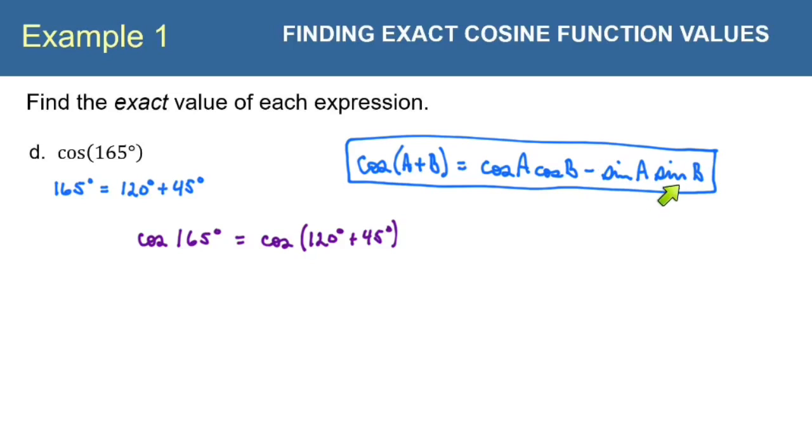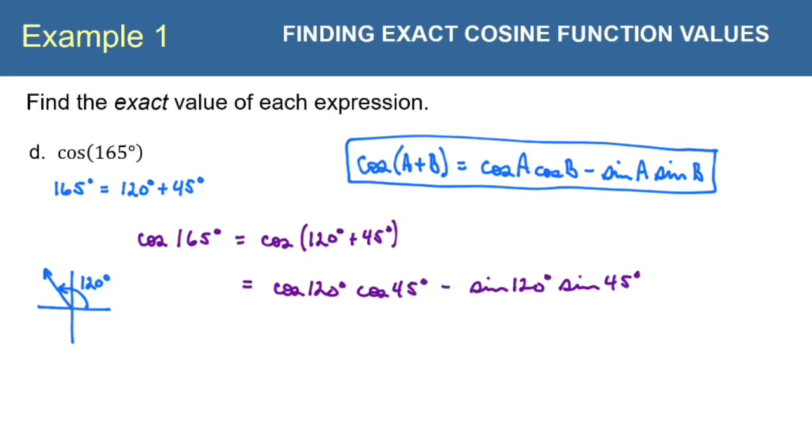And now we're going to substitute into this formula, putting 120 degrees in the A position and 45 degrees in the B position. So we're going to have cosine of 120 degrees times the cosine of 45 degrees minus the sine of 120 degrees times the sine of 45 degrees. Now, of course, in order to substitute our known values in here, we need to think about what the cosine and sine of 120 degrees would be. So let's draw ourselves a little diagram here.